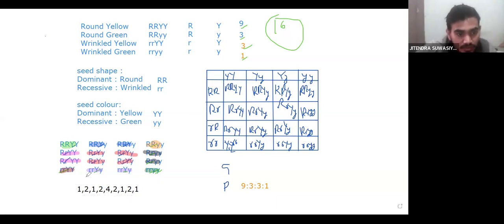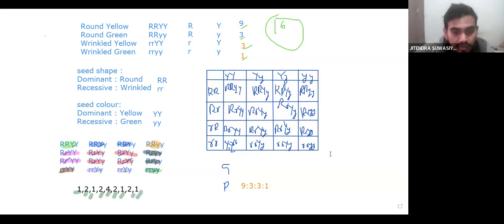See, 1 is there for this one, then 2 for both of these, then again this one is the only one, capital S only. This one is only 1. So 1, then 2 for this, 4 for this, then 2 for this, then again 1 is only for this one, then 2 for this one, and 1.